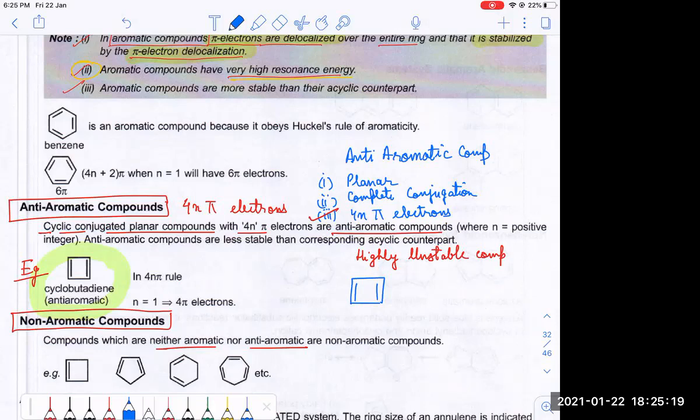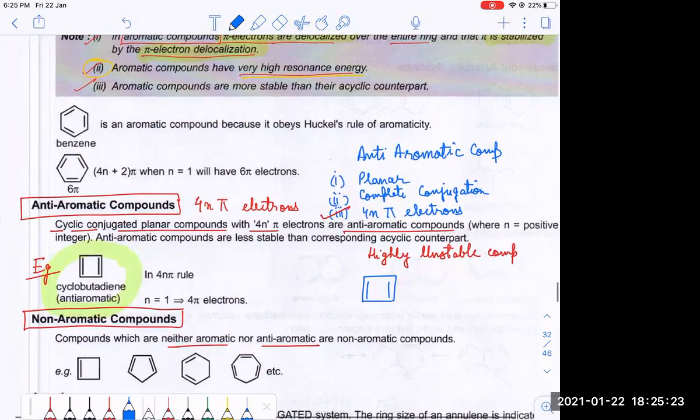So if you are going to calculate 4n pi, by keeping n equal to either 0, 1, 2 or any other whole number, then for n equal to 1, you are going to find 4 electrons.